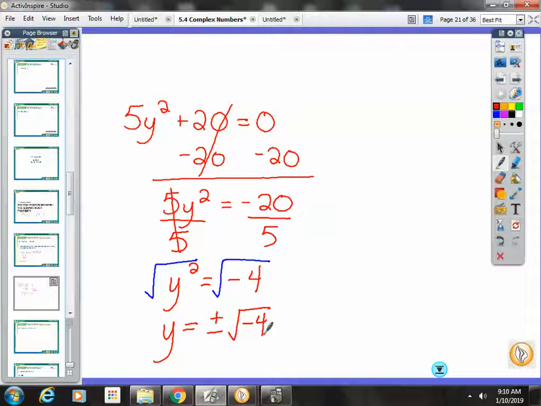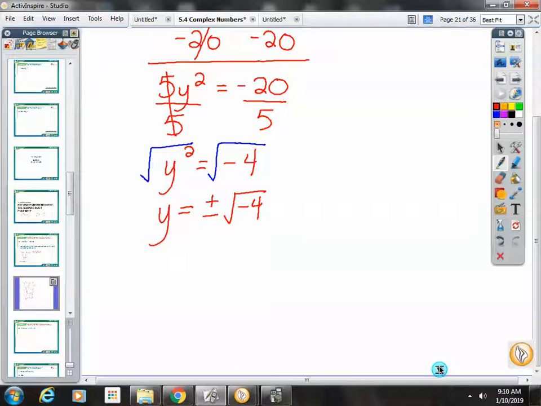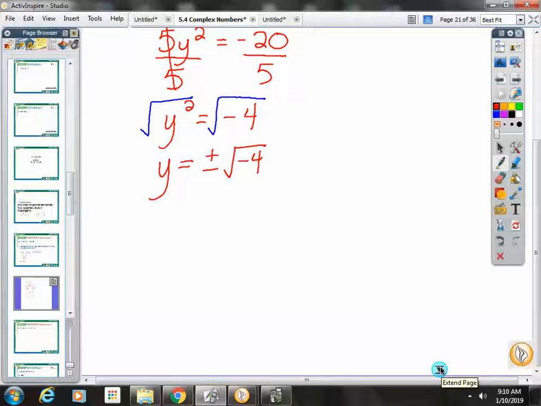Well, the square root of negative 4 is something we can simplify, isn't it? We learned how to do that yesterday. So let's go ahead and simplify that. Just going to bring down the plus and minus. We can make this negative 1 times 4. What is the square root of negative 1? i. And the square root of 4 is 2. So I'm going to say plus and minus 2i.